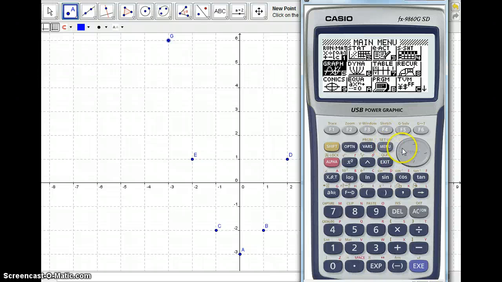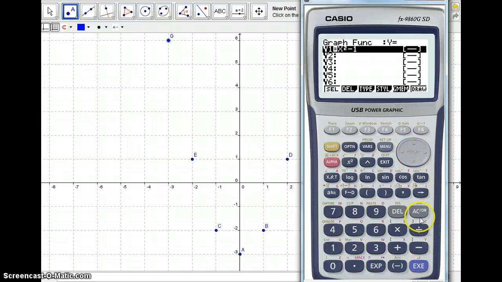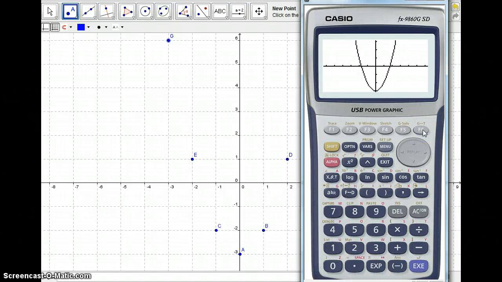I went menu, down to graph function, push execute. To put x in, use that button, then squared, and put minus 3 in. Execute, and then you can click that button there, draw, and that'll draw you your parabola.